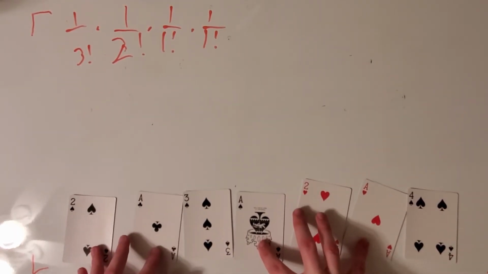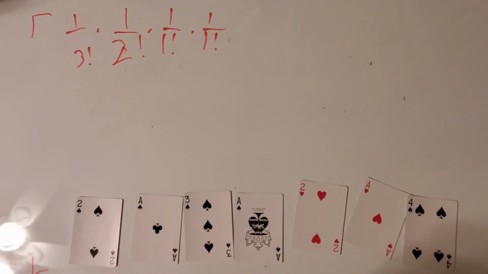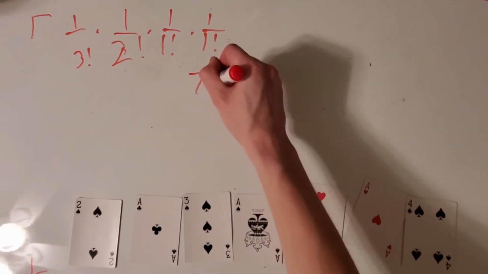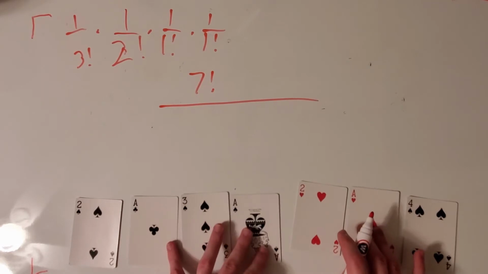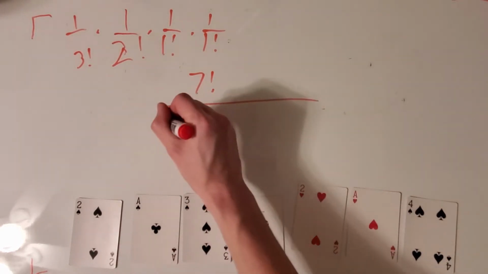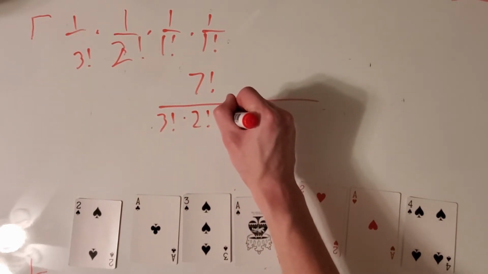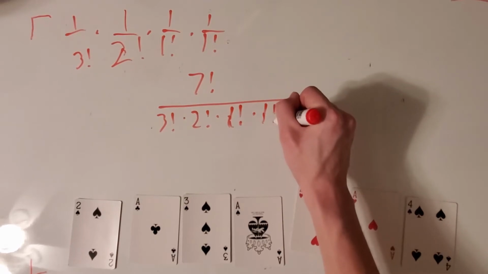So if we have 4 categories here, aces, 2s, 3s, and 4s, then all we have to do is take this 7 factorial and divide out the number of ways to arrange all the items in each category. So it would be divided by 3 factorial times 2 factorial times 1 factorial times 1 factorial.